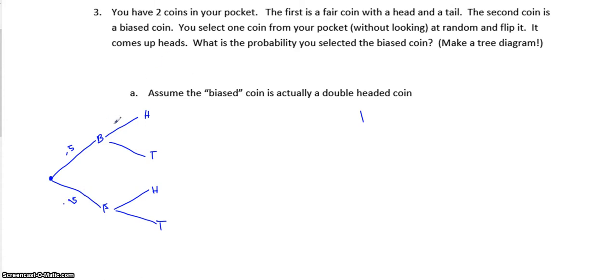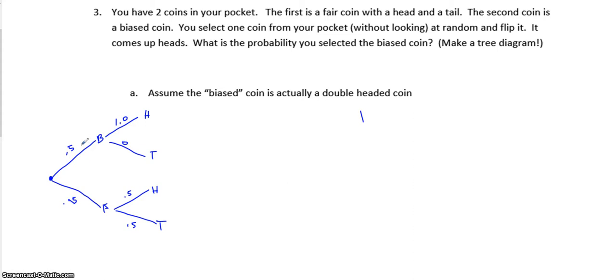And then once I flip the bias coin, there's going to be a 100% chance of throwing a head and a 0% chance of throwing a tail because it's loaded. And then for the fair coin, there's a 0.5 and a 0.5. Again, with any probability tree diagram, now I want to know the probability that I've traveled down all these paths. What's the probability that I picked the bias coin and then flipped the head?